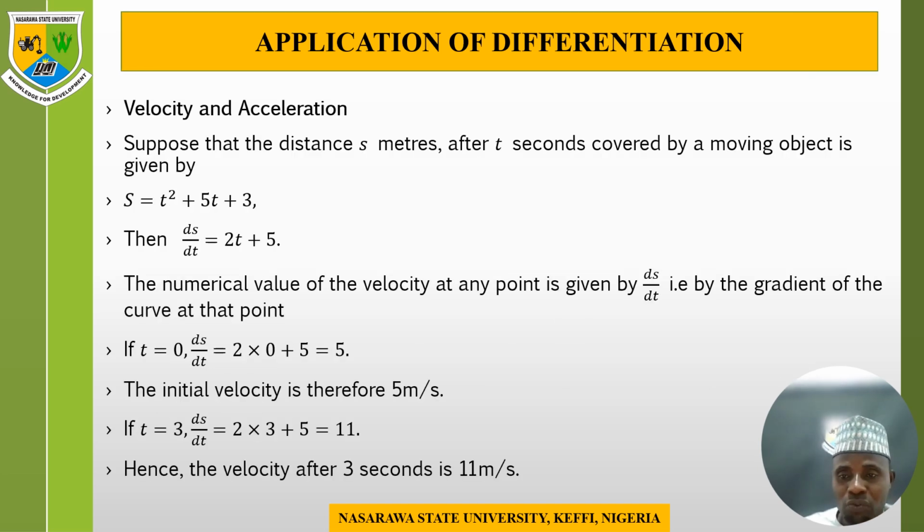So since we mentioned earlier that differentiation is the rate of change of a given quantity with respect to another, we can apply it to the rate of change, that is, the one involving velocity and acceleration, since it has to do with changing.